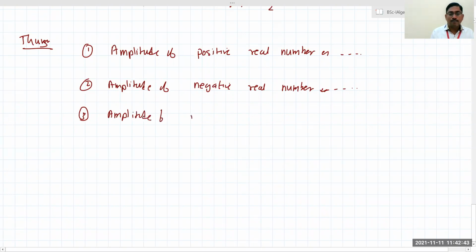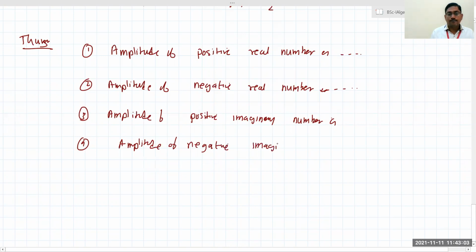Amplitude of a positive purely imaginary number. And fourth, amplitude of a negative imaginary number. Just tell me.